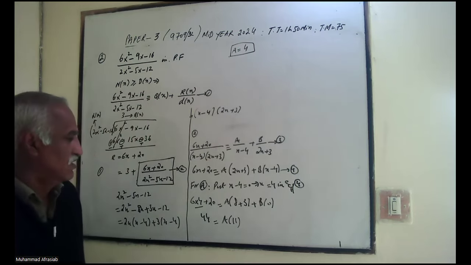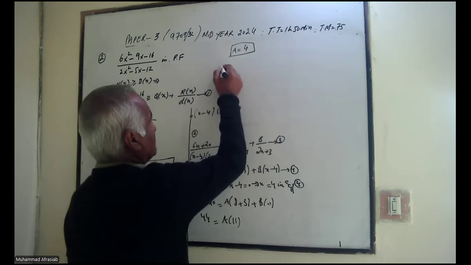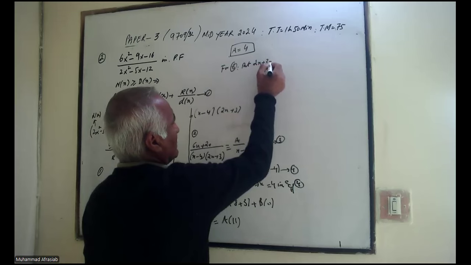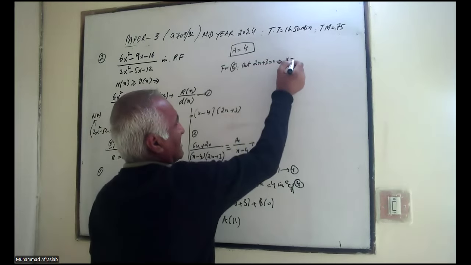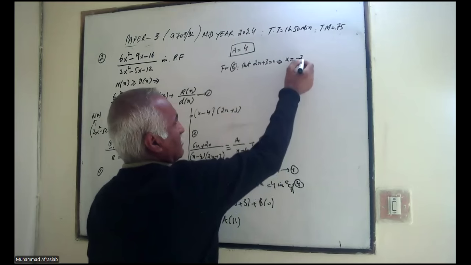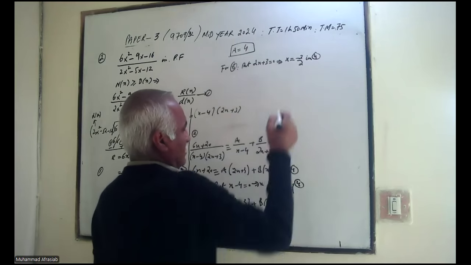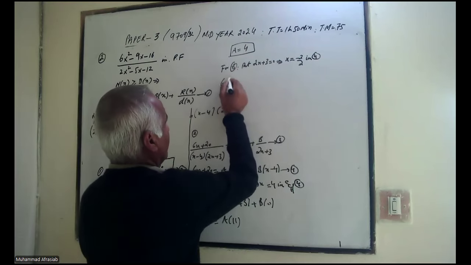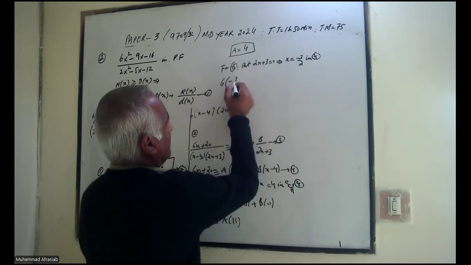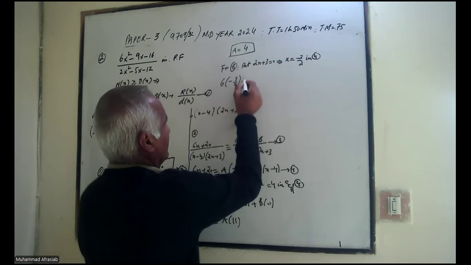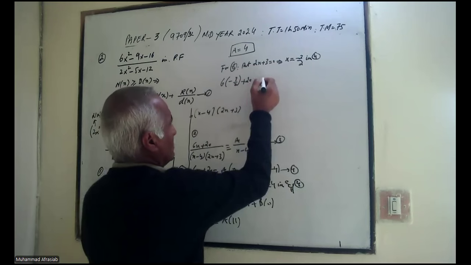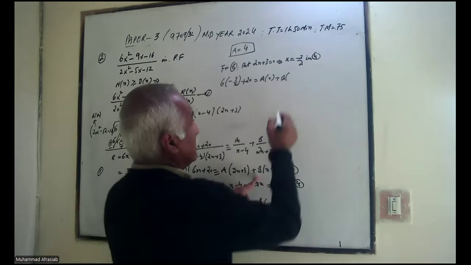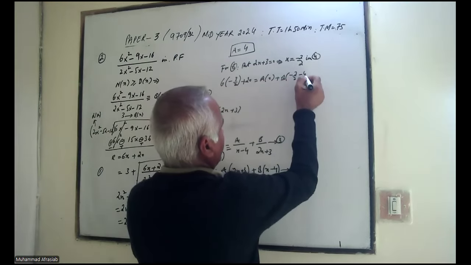Then for b, we put 2x plus 3 equals 0. This implies that x is equal to minus 3 over 2 in equation number 4. So it will become 6 into minus 3 over 2 plus 20 is equal to a with 0 and b with minus 3 over 2 minus 4.